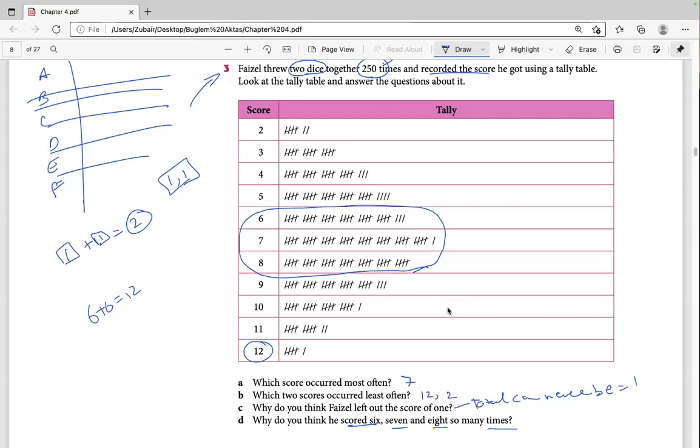Sometimes in the marking scheme, it is written that it is up to the checker's judgment. So let's discuss why he is getting 6, 7, and 8 so many times. If he's rolling it in a specific way, then it could lead the number to roll onto 6, 7, or 8 many times. If we are having a fair throw, he won't be looking at the die.